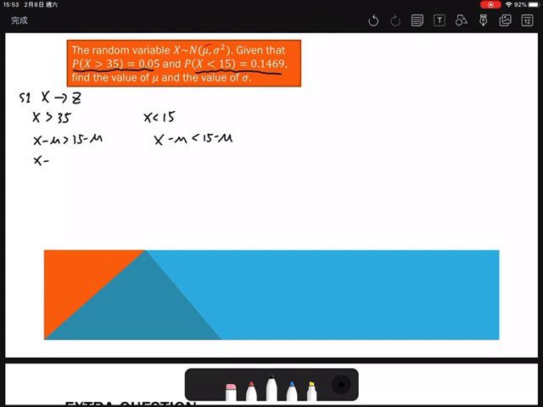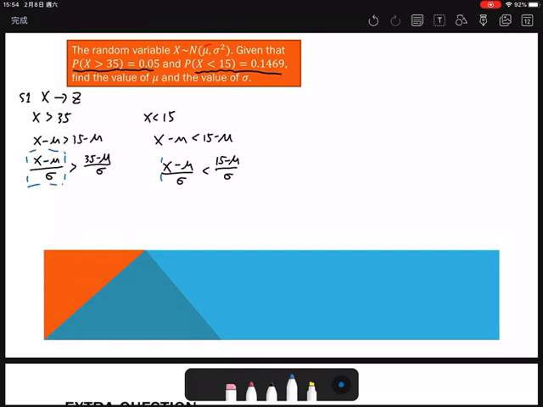And then x minus mu over sigma greater than 35 minus mu over sigma, because sigma is positive, so we don't need to change the direction of the inequality sign. And here is also x minus mu over sigma smaller than 15 minus mu over sigma.